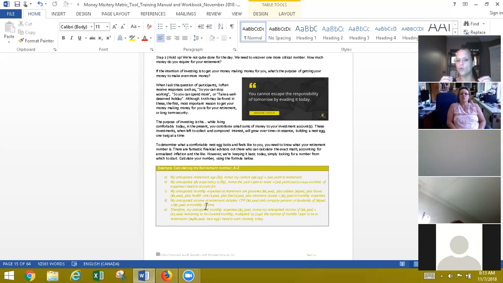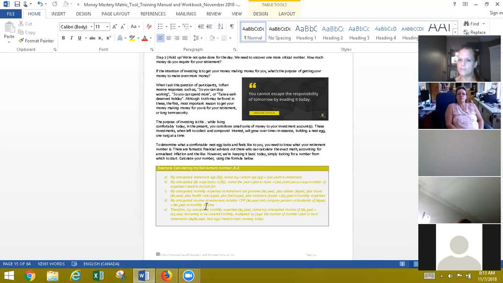And basically, you're going to just be establishing what your anticipated retirement age is, what your current age is, which is giving you how many years you actually have to be able to start collecting money and getting that money to make money for you. And then in step B, you're going to determine how many years you plan to live in retirement.